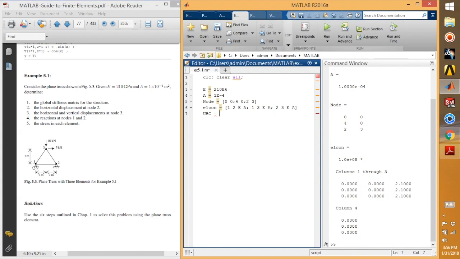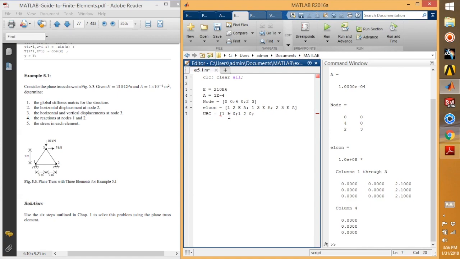UBC is the displacement for each and every node. So for the first node, x displacement is 0. Similarly, for the first node, y displacement is 0. The first number is the indication of node, this is for x direction, and this is the amount of displacement.